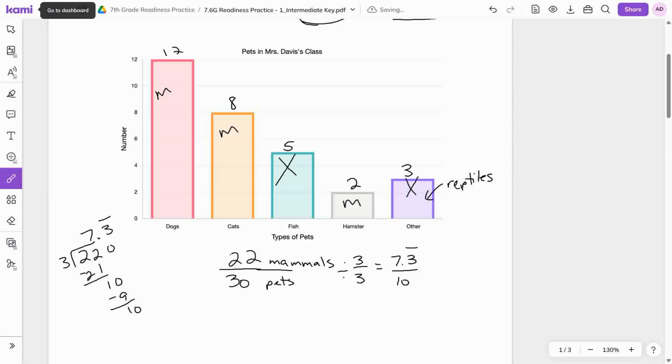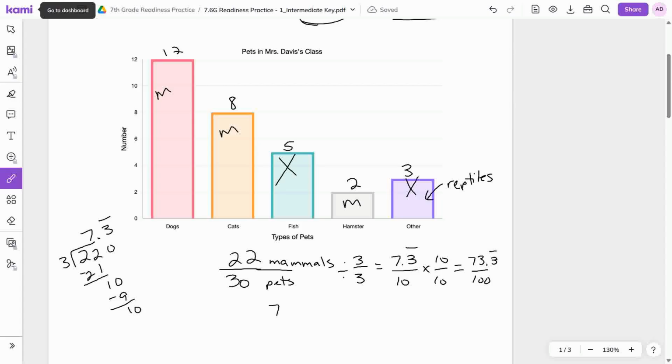Now, how does that help us? Well, percent is per 100. So if I multiply this by 10, this is going to be per 100, right? That means the decimal gets moved over. So 73.3 repeating out of 100.